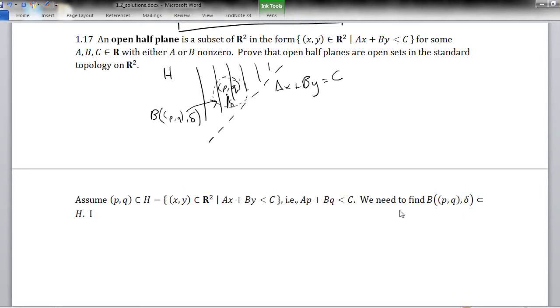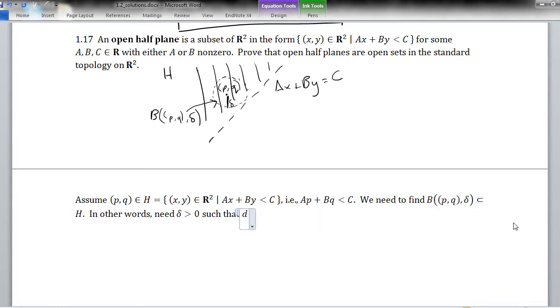All right. Well, in other words, what does that mean? We need to find some delta greater than 0 such that any point x, y in this ball is contained in H, right? So how do we say that?